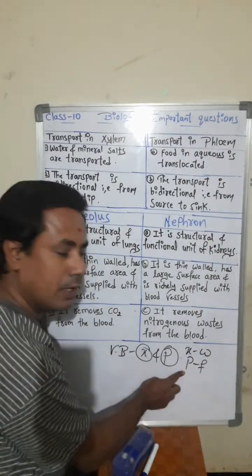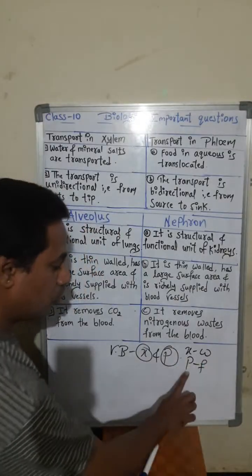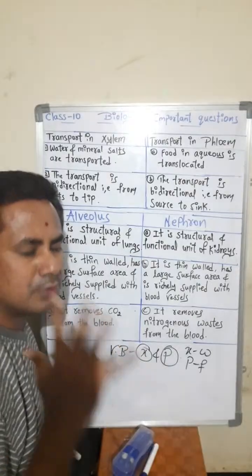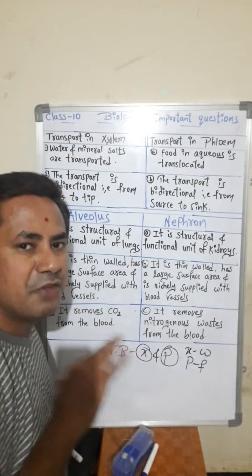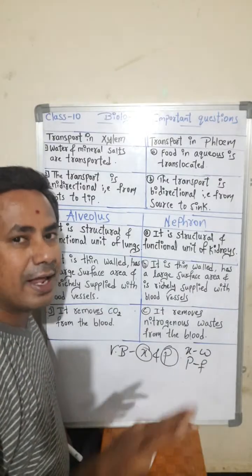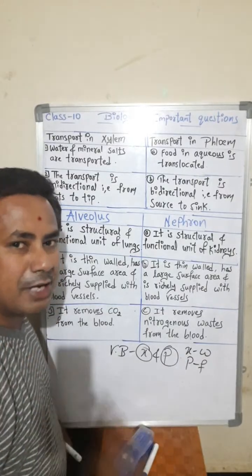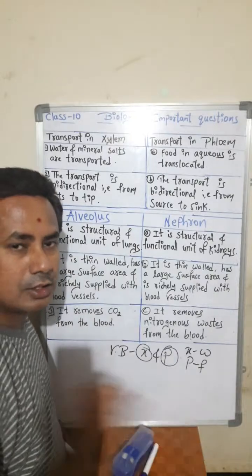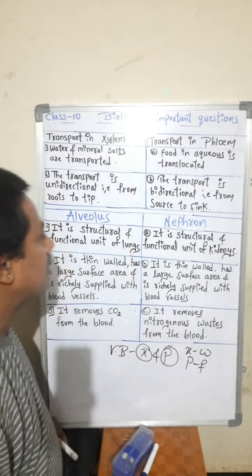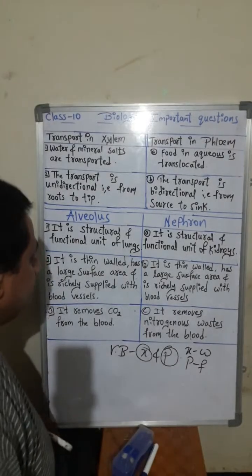P means phloem, and F means food. Phloem is a food conducting tissue. Repeat XWPF 5 times in your mind and it will be fixed. Anytime a teacher asks, or in the examination, it is very useful. Just learn it by heart.